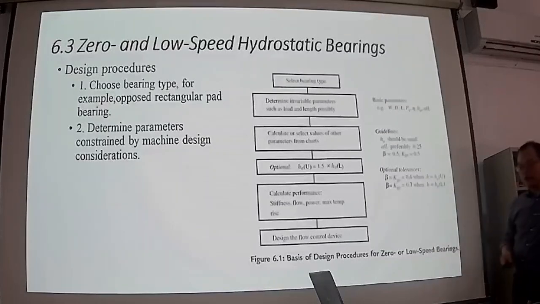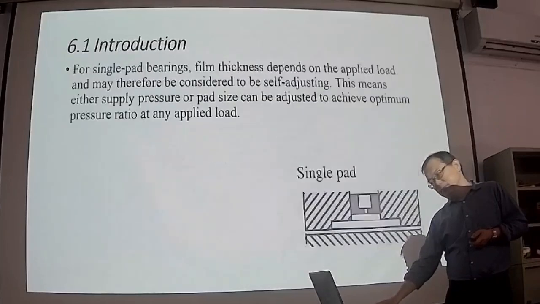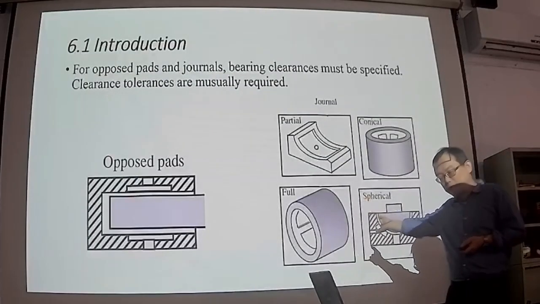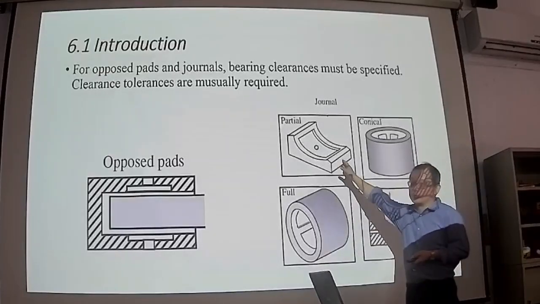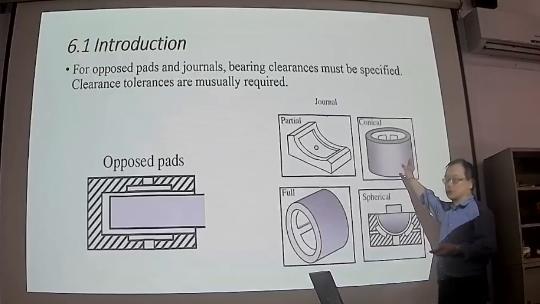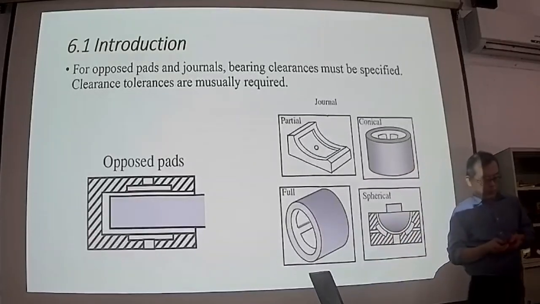The bearing type is what we talked about last week. Is it a thrust bearing or journal bearing? Is it a full journal bearing or partial journal bearing, or is it a conical bearing or spherical bearing? So this is the bearing type. Okay.